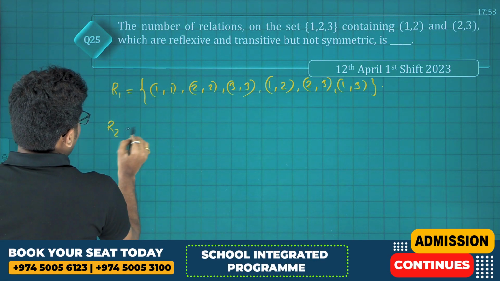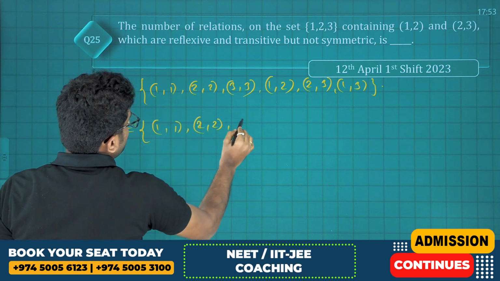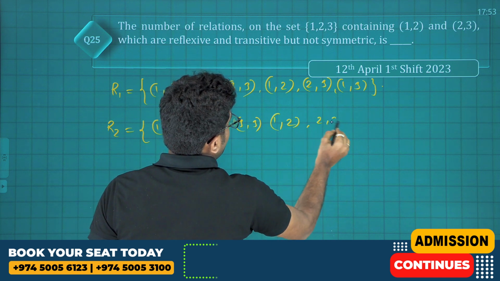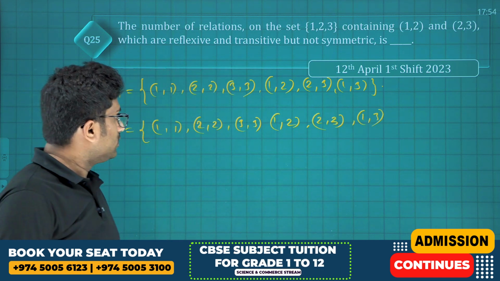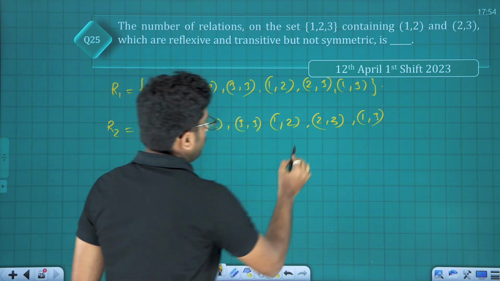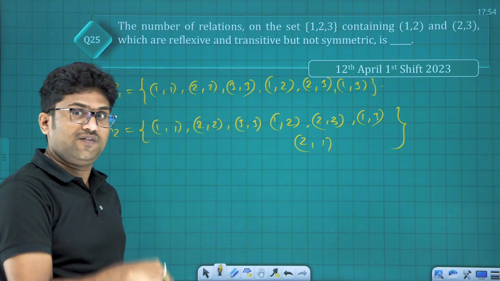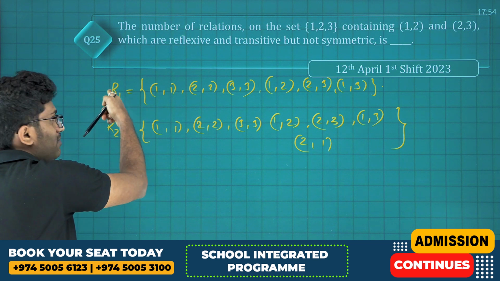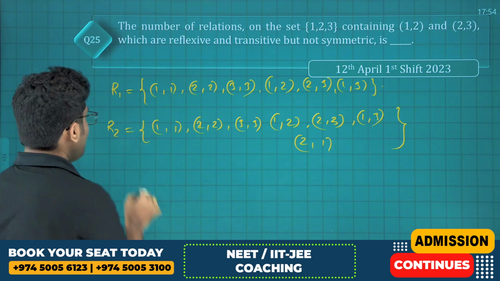I take one more relation consisting of (1, 1), (2, 2), (3, 3), (1, 2), (2, 3), (1, 3). It should not be symmetric. If I add (2, 1) to this, then it is transitive, reflexive but not symmetric. So R1 and R2 are reflexive and transitive but not symmetric.